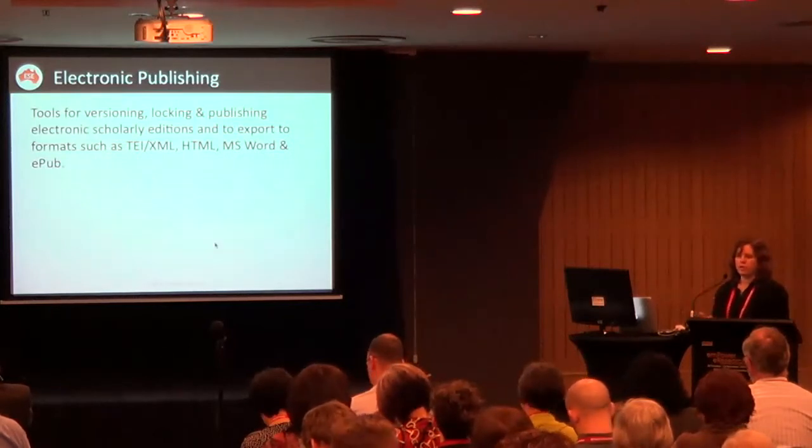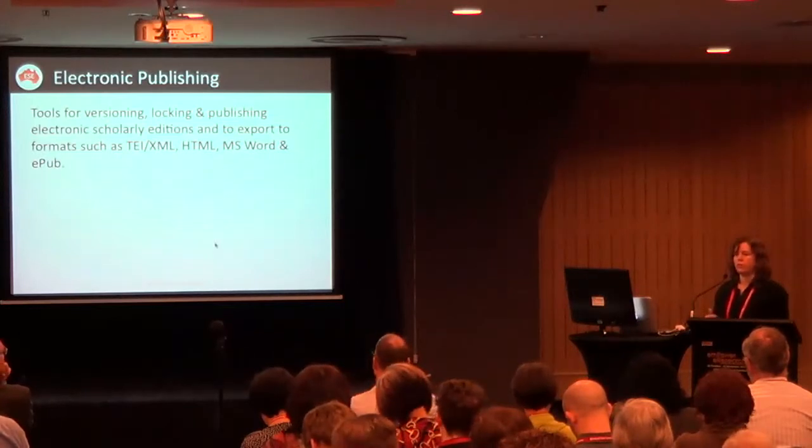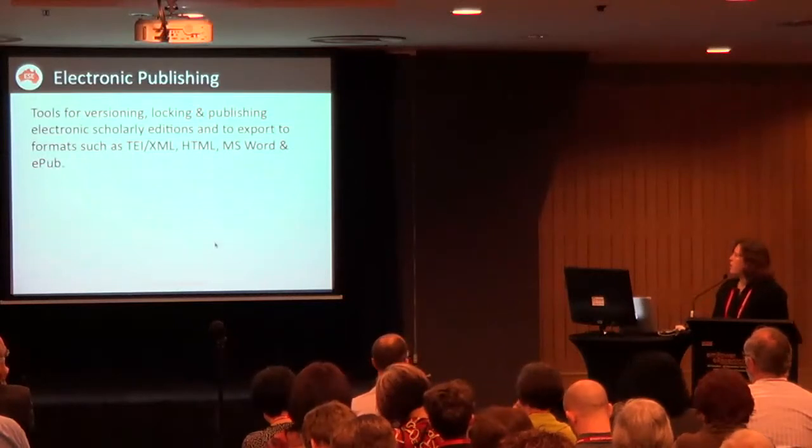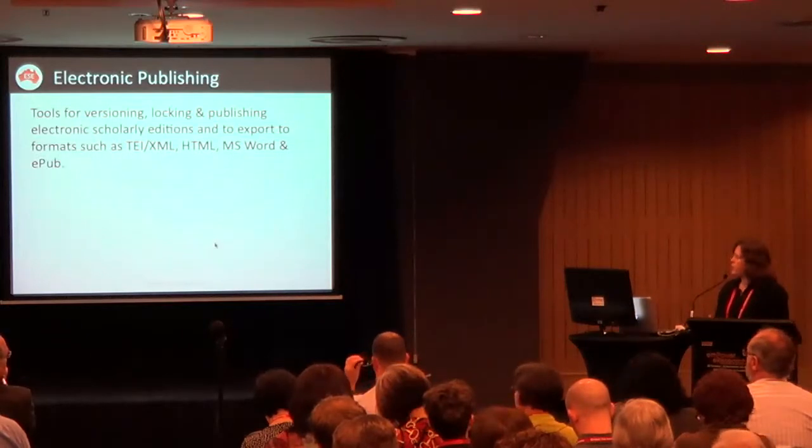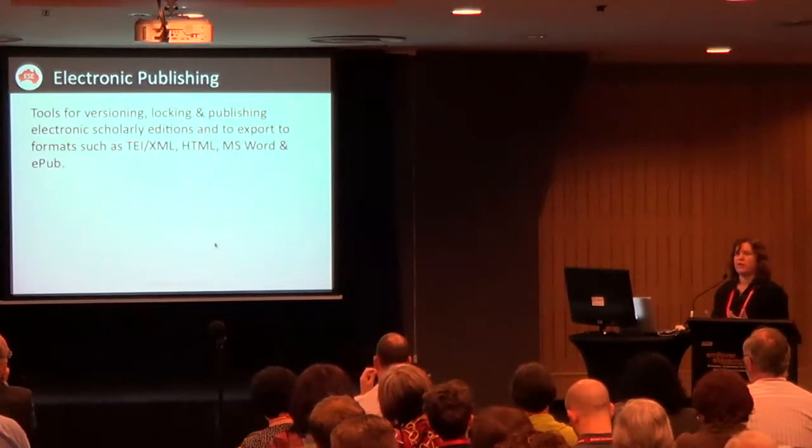A lot of the editions that are being developed will be print editions, and so they'll typically be exported to Word to be sent to publishers because they require Word or TEI XML. But some people just want to produce an online edition, and so exporting it to HTML is also a great option. And we're really interested in exploring tablets and mobile devices and EPUB and some of the really great interactivity you can get through things like the iBooks platform on iPad.